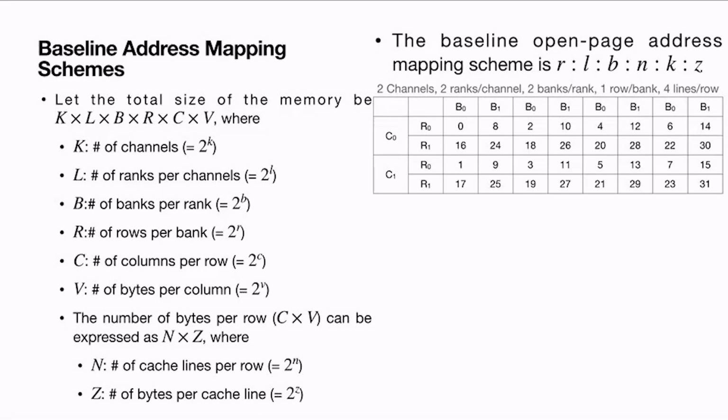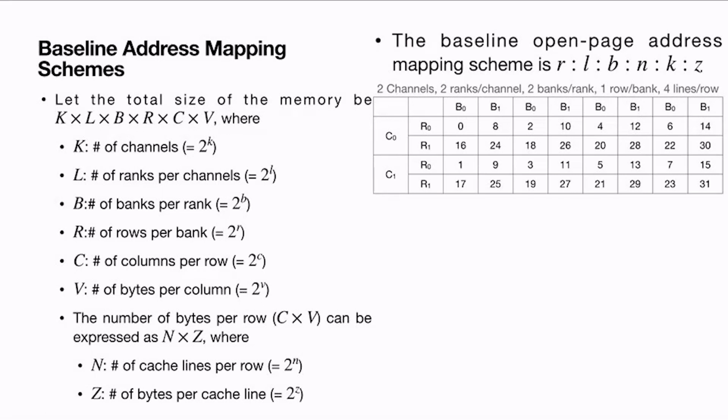Now, how do we map these cache blocks onto this 2 channel DIMM, with each channel having 2 ranks, each rank having 2 banks, each bank having 1 row, and 1 row having 4 cache blocks?